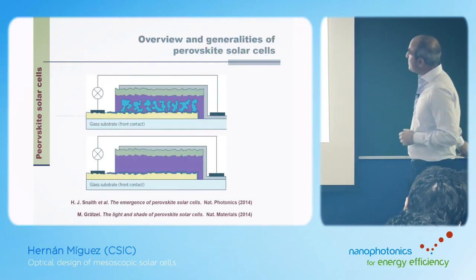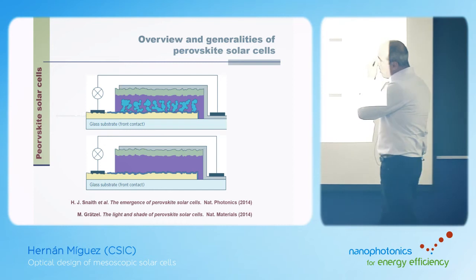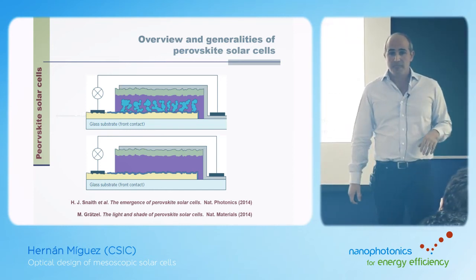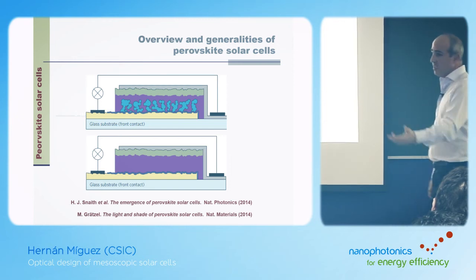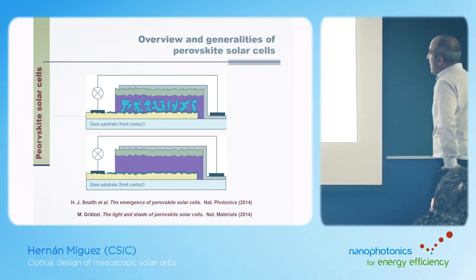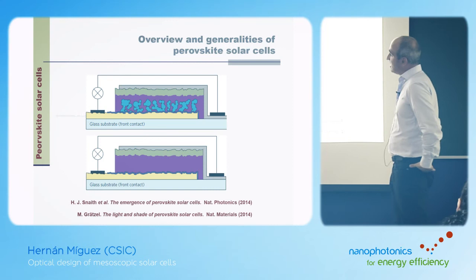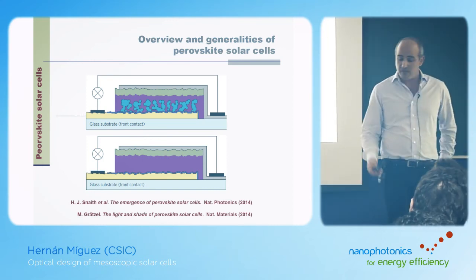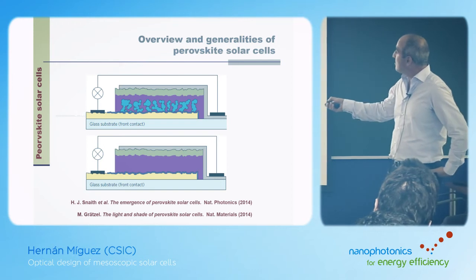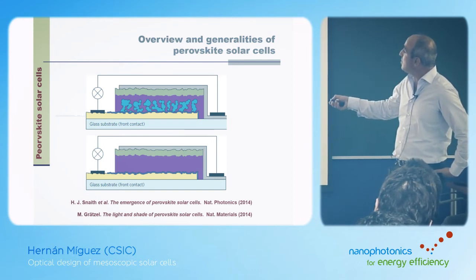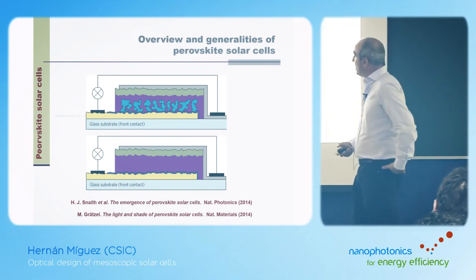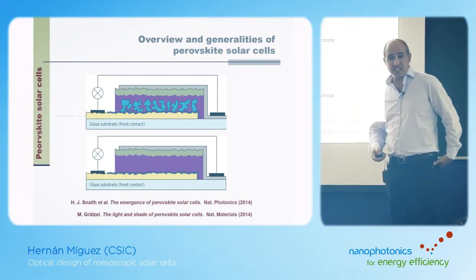Well, the other solar cell I wanted to discuss briefly is the perovskite solar cell. This cell, as Ramon was saying before, has attracted a lot of attention lately. These are the two main designs of the cell that you will find, which is the mesostructure, in which you use a scaffold actually very similar to the one you would use for the dye-sensitized solar cells.